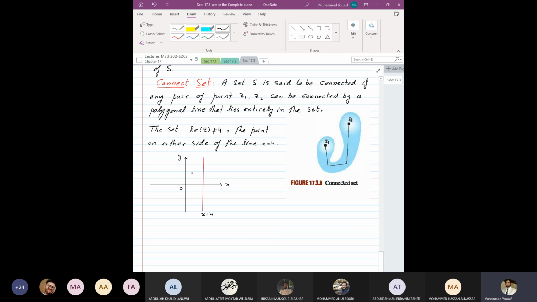If you take a point here and a point here, you cannot connect these points by a polygonal line, by a set of straight lines which are entirely inside this set. And what is this set? The set is the whole complex plane except the red line. So this is not a connected set.